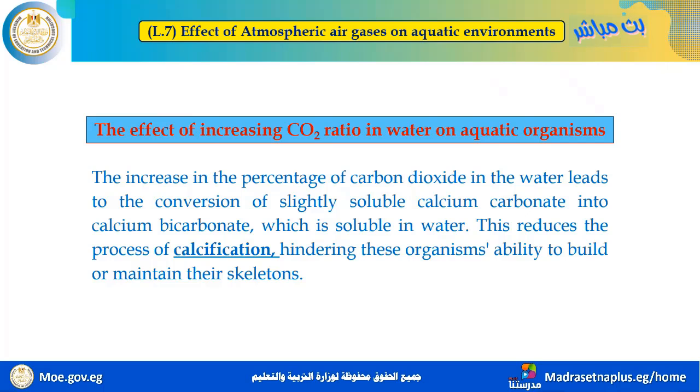And by increasing carbon dioxide, the calcification process decreases, and this hinders the living organism's ability to build or maintain their skeleton. So this is a bad effect of carbon dioxide gas ratio on the living organism in the aquatic environment, especially in the seas and the ocean.